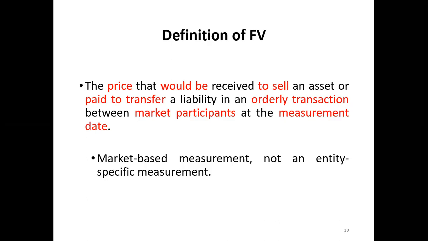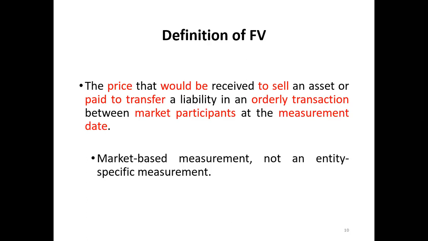That payment is what we call the fair value. If you assume a market transaction, most of the time in advanced economies, even for these debentures, there is a market. In that market, at the reporting date, you may be able to get the fair value of this debenture, and that is going to be the fair value of this liability.